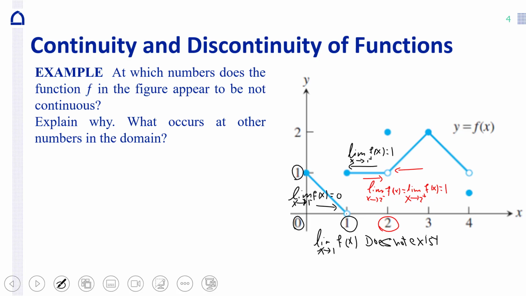So the limit when x tends to 2 for f(x) exists and equals 1, but this is not equal to the function at x equal to 2, which is what here? It is 2.